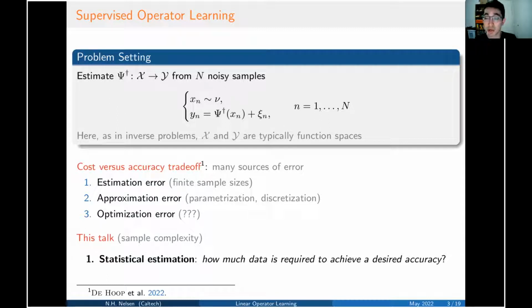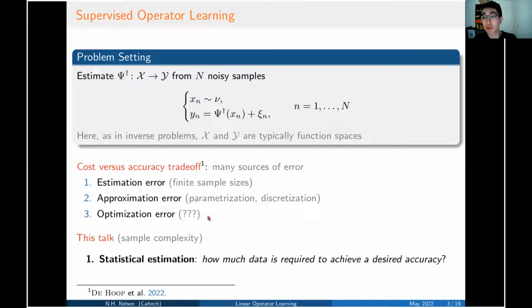And of course, discretization error, because these spaces are infinite dimensional in principle. Okay. I won't talk about, of course, how to actually find a minimizer of whatever learning problem that you formulate, but that's another important source of error here.